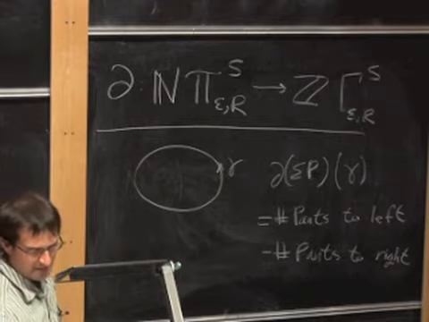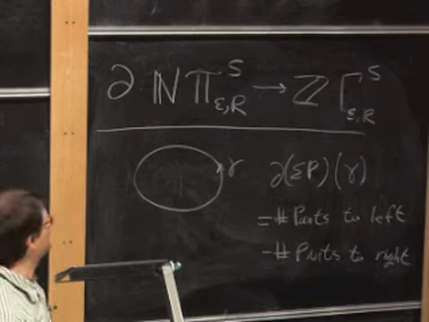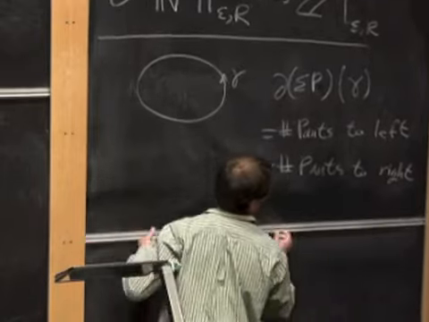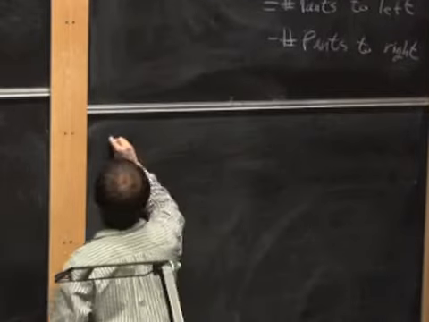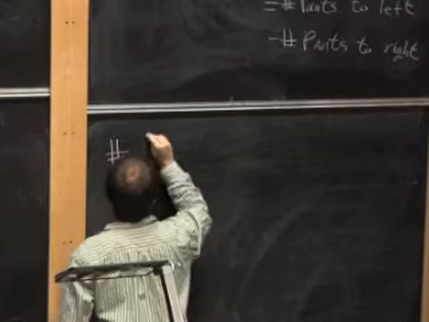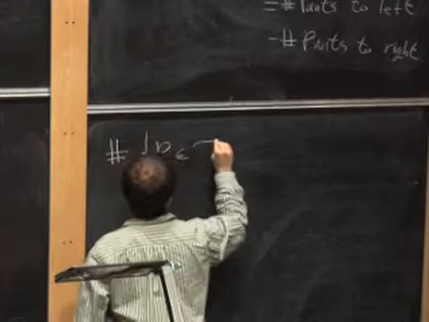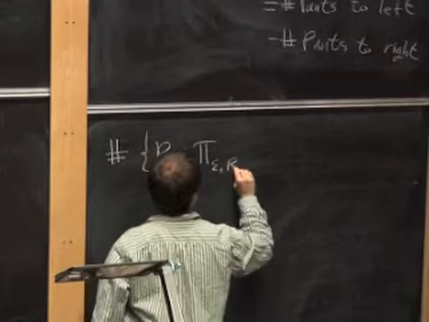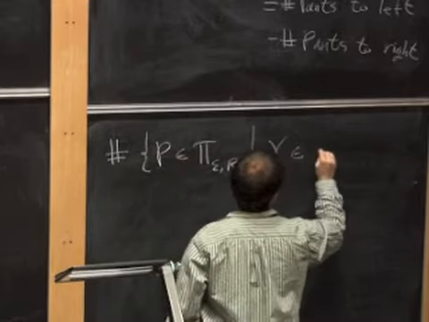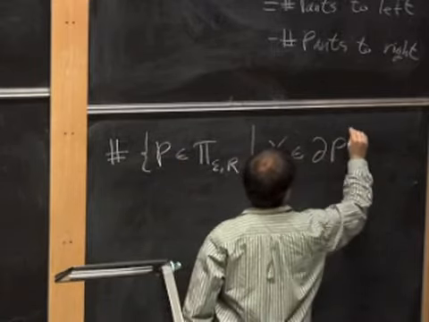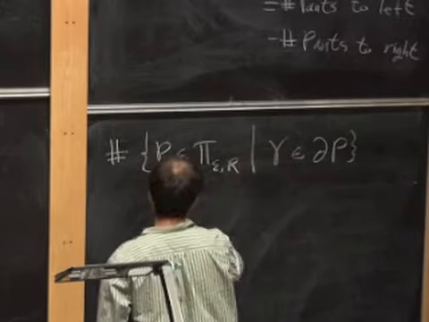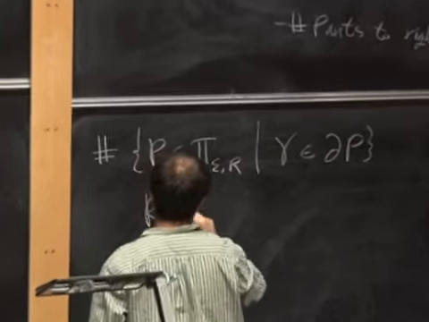And the crucial observation, so there are two observations. How many pants? The number of pants in this pi epsilon R such that gamma is in the boundary of a pair of pants is about r e to the r.